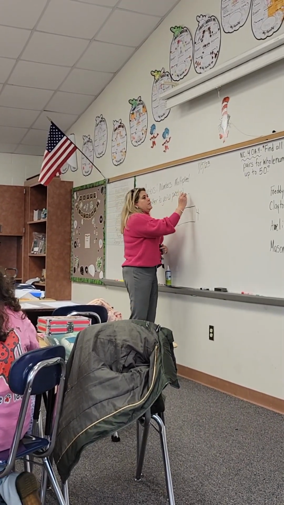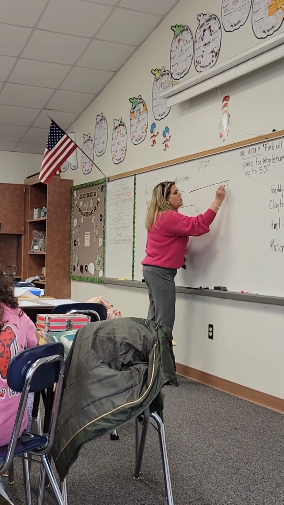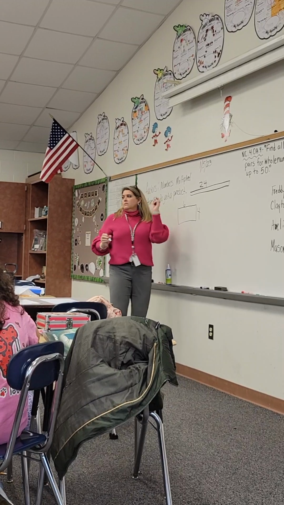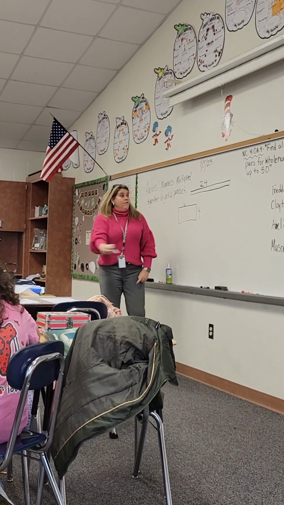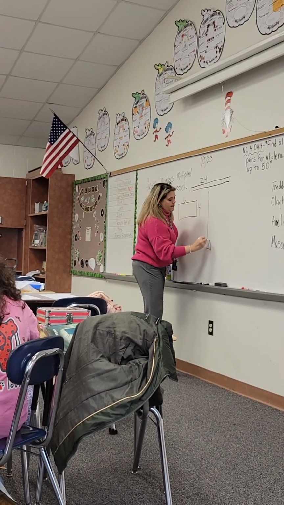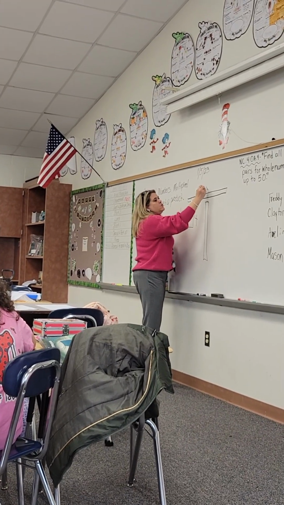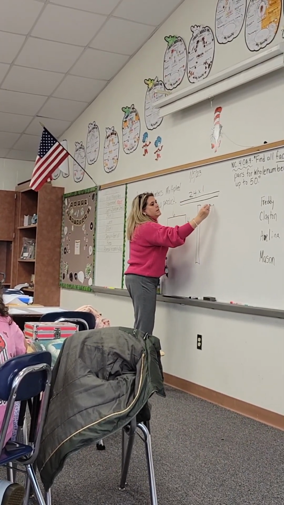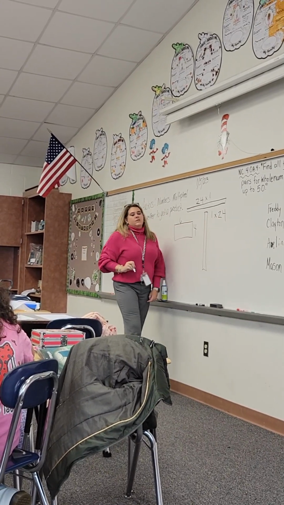Or if you were doing this long one, 24 across, it's the same as her 24. This would have been 24 times 1. This would have been 1 times 24. See how it's flipped around?